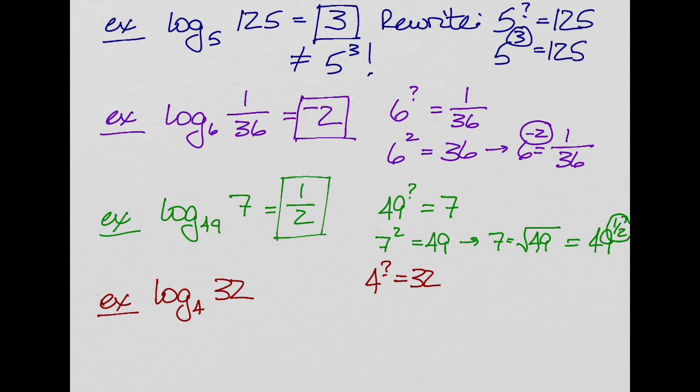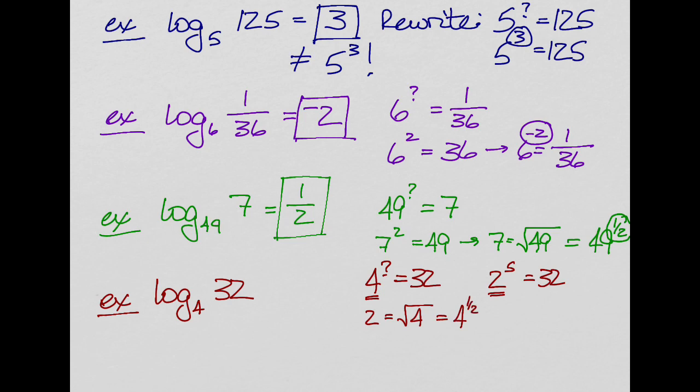But I also know that 2 to the fifth power is 32. So I might want to look for some kind of relationship between 4 and 2. But we do have one. I know that 2 is the square root of 4, which I could write as 4 to the 1/2 power.